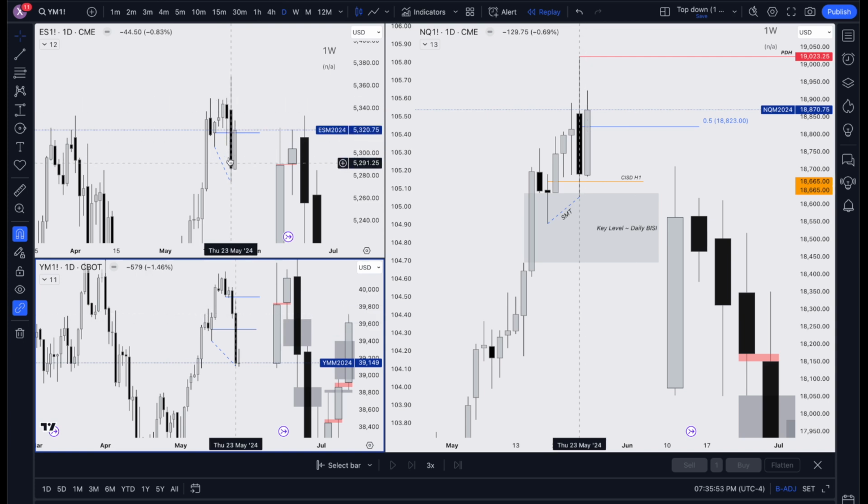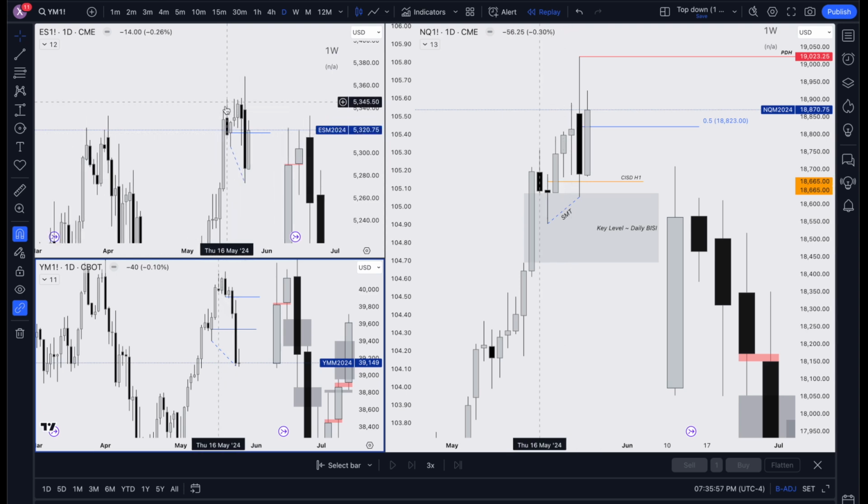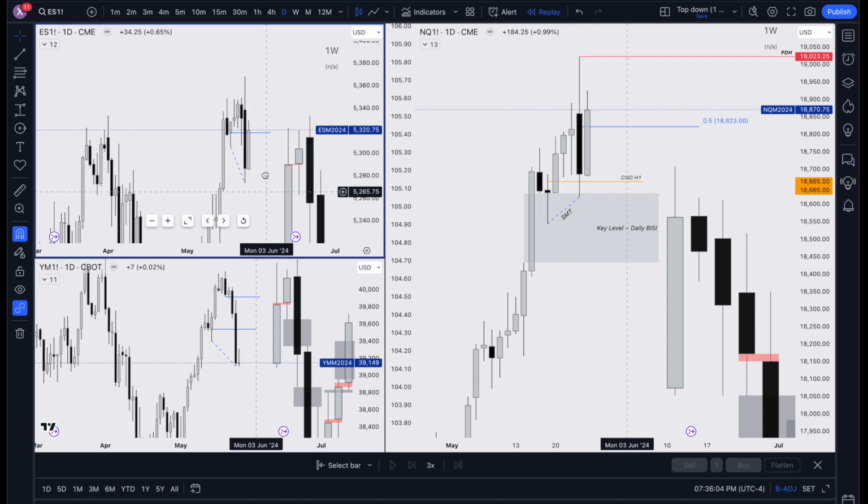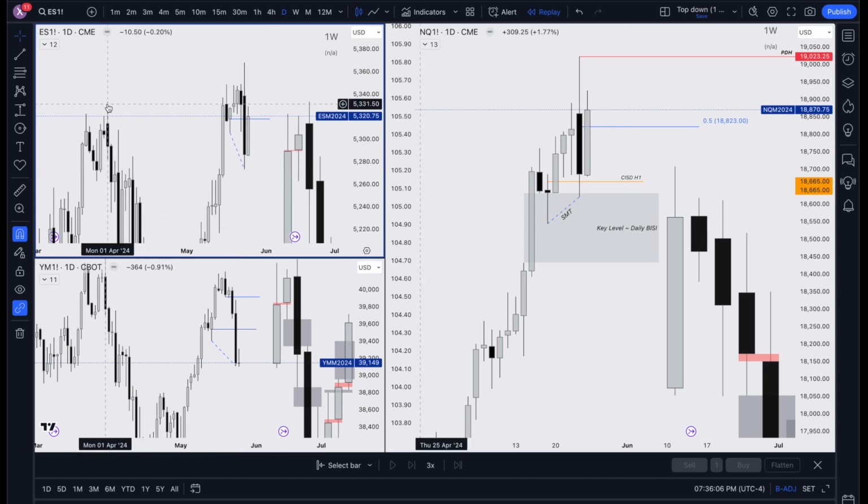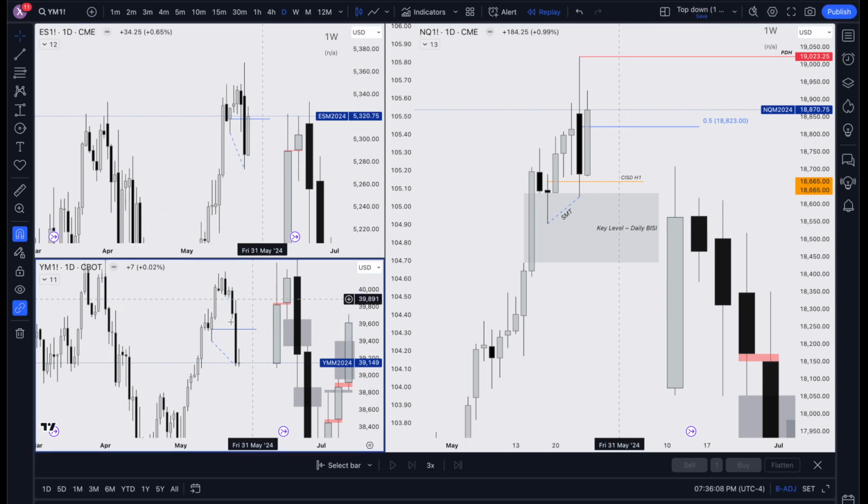Expansion lower. Change in state of delivery, these three up close candles, high probability order block, sweeps liquidity, candle body closure with displacement on a lower time frame, after forming SMT. And you can really see, specifically on YM, how we had deep displacement.